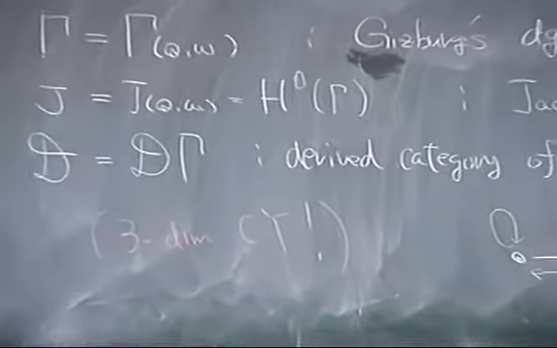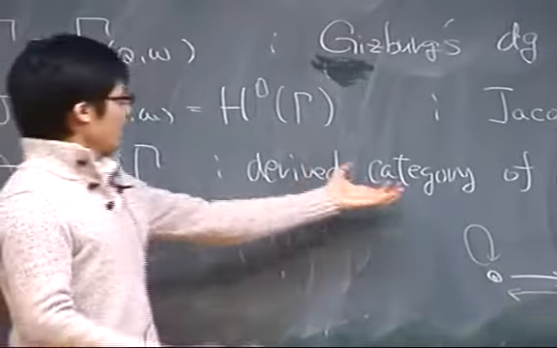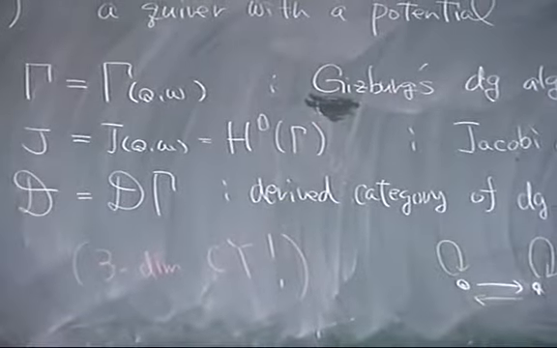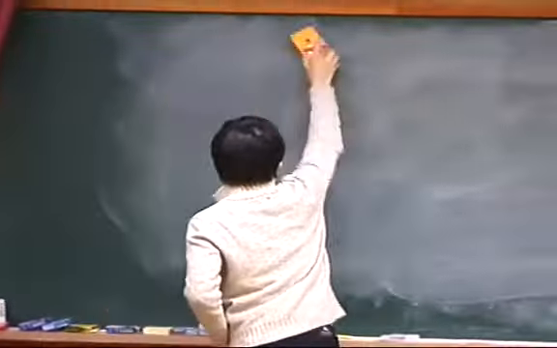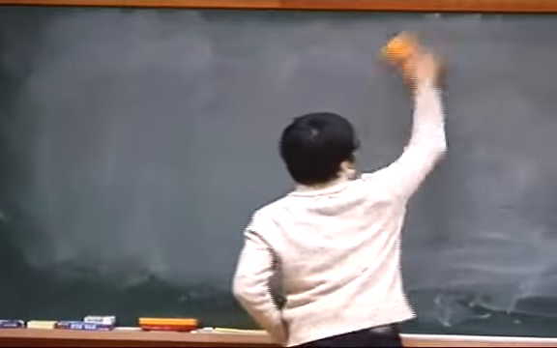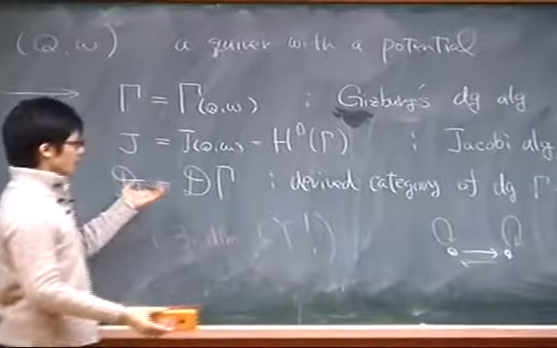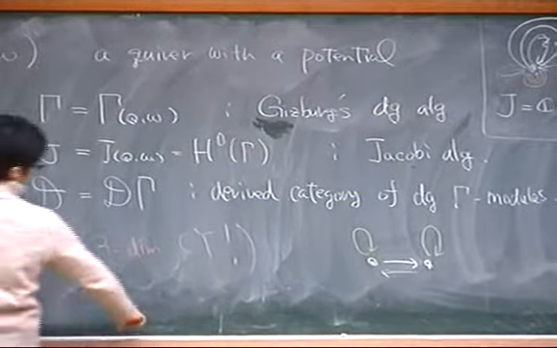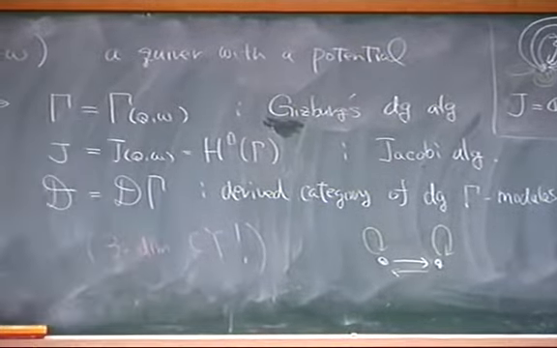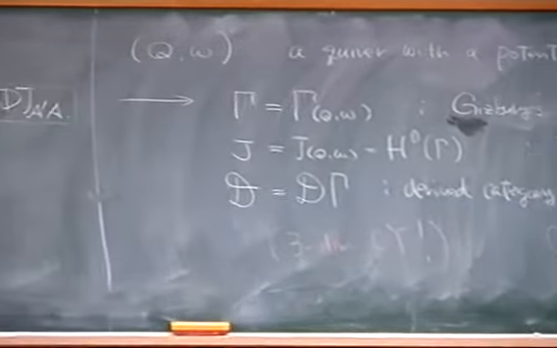Actually, to be precise, this is not Hom-finite, so we take a full subcategory consisting of modules with finite dimensional cohomologies. Then the full subcategory is Hom-finite, and here we have the duality corresponding to the cell duality.